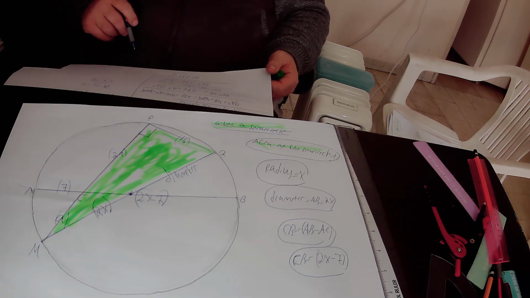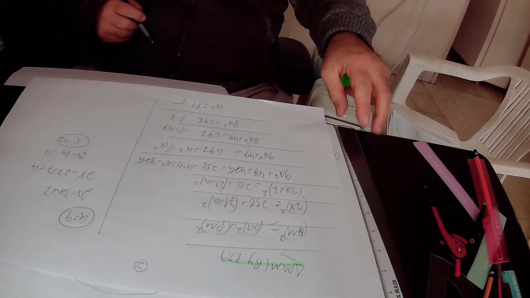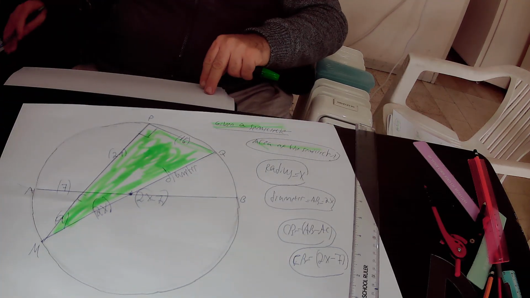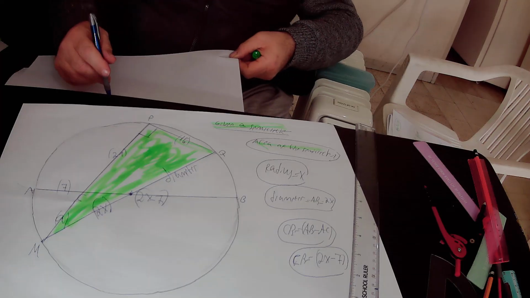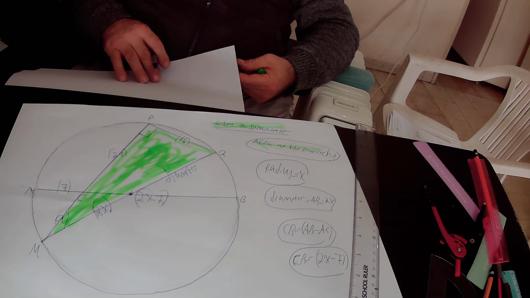Our task is to find out the area of this semicircle. So what is the area of this semicircle?